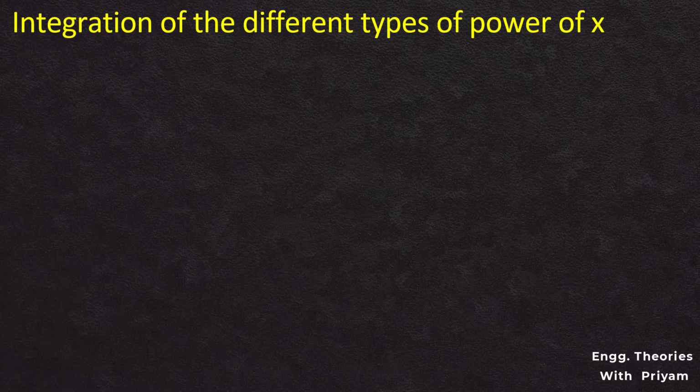Now let's say we need to integrate a into the nth root of x with respect to x. Then we can perform this integration by following similar steps as the previous one. At first, to perform the integration, we need to take the constant a out of the integration. Then the integration will look like a into integration of the nth root of x dx. This nth root of x can be written as x to the power 1 by n.